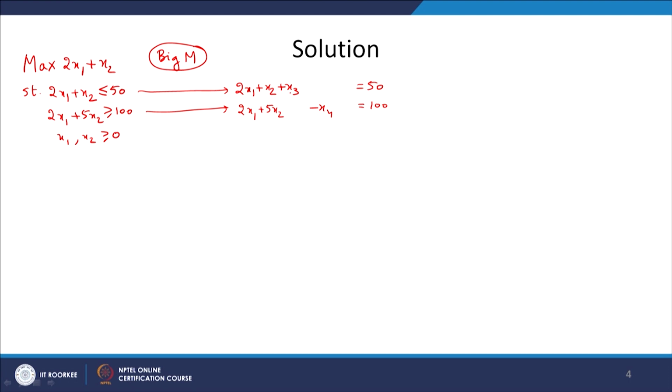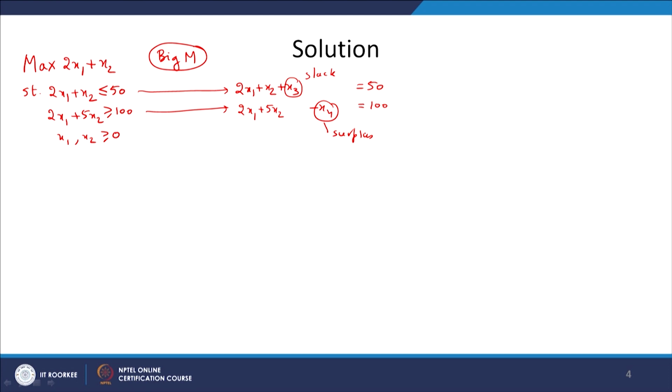Remember that x3 is a slack variable, x4 is a surplus variable. This is required to convert the less than or equal to constraint into the equality constraint, and similarly the greater than or equal to constraint into the equality constraint.